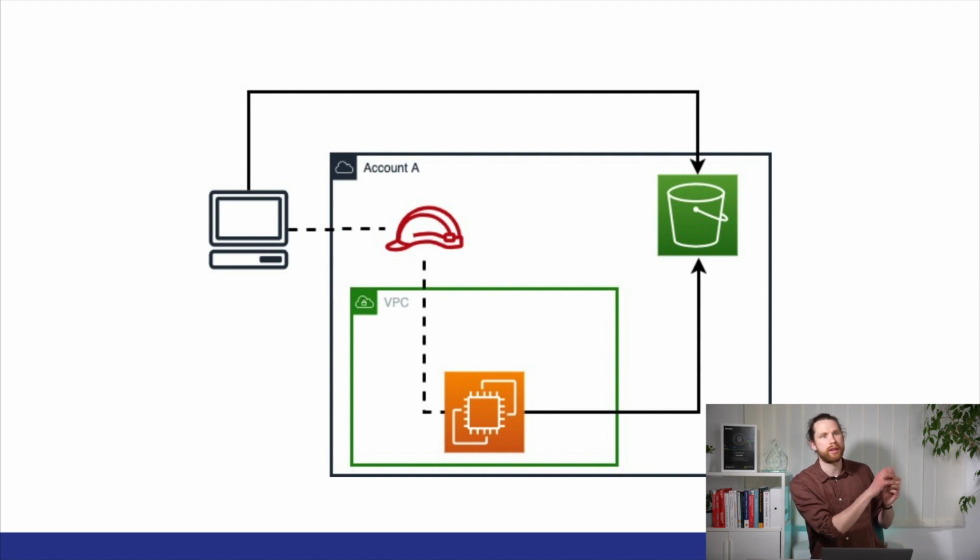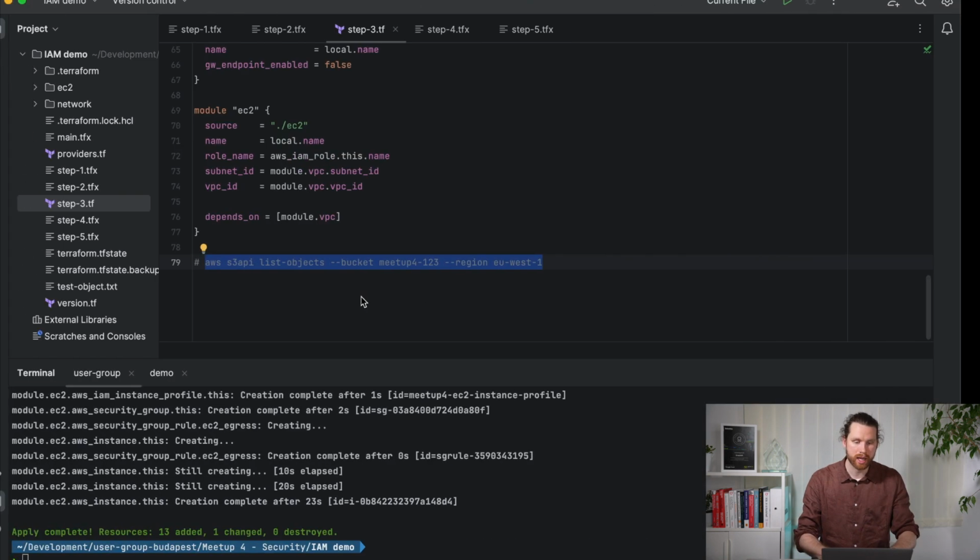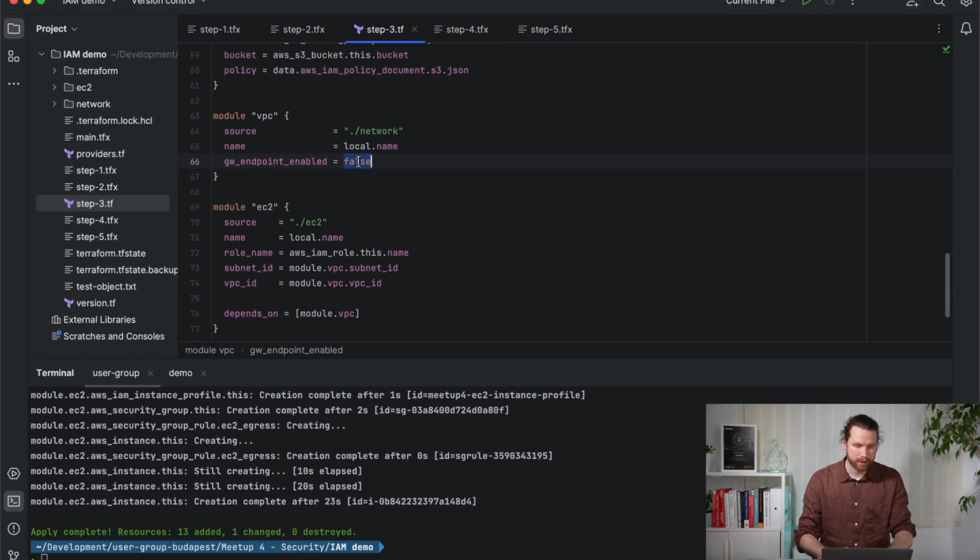So we won't go out to the internet and come back to AWS and come back to the internet and go back to the EC2 instance, but we remain in the private network of AWS, which is a pretty useful thing to do, and also a really secure and cost-effective way of accessing objects from a private network in S3. So what I'm going to do is provision this gateway endpoint and see if this is enough or not.